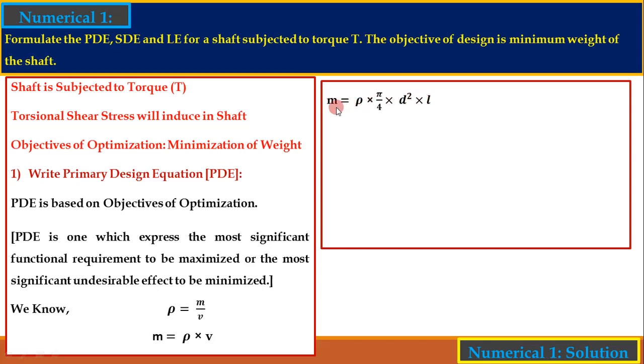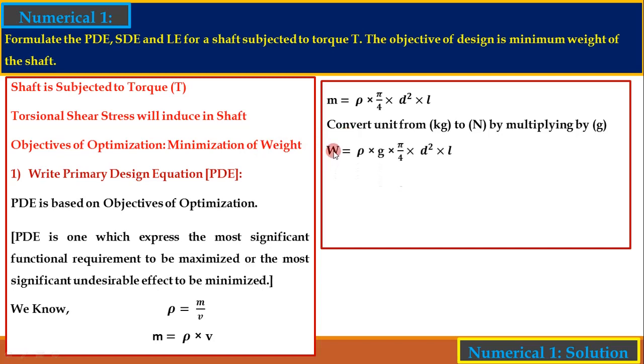Now this mass is in kg, because density is the ratio of mass upon volume, in kg per meter cube. So we multiply by g, the acceleration due to gravity, to convert this mass in kg into Newton, so that we get the expression for weight, which is the part of the objective of optimization.